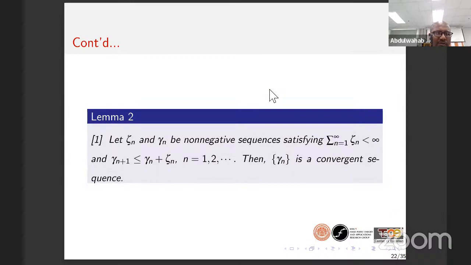This one is also very important, lemma 2, where we have two non-negative sequences satisfying the given condition. Especially if you look at the second inequality, where gamma n plus 1 is less than or equal to gamma n plus beta n: once we put the expression in this form and show that the summation of beta n is less than infinity, it is possible to show that the sequence gamma n is convergent.